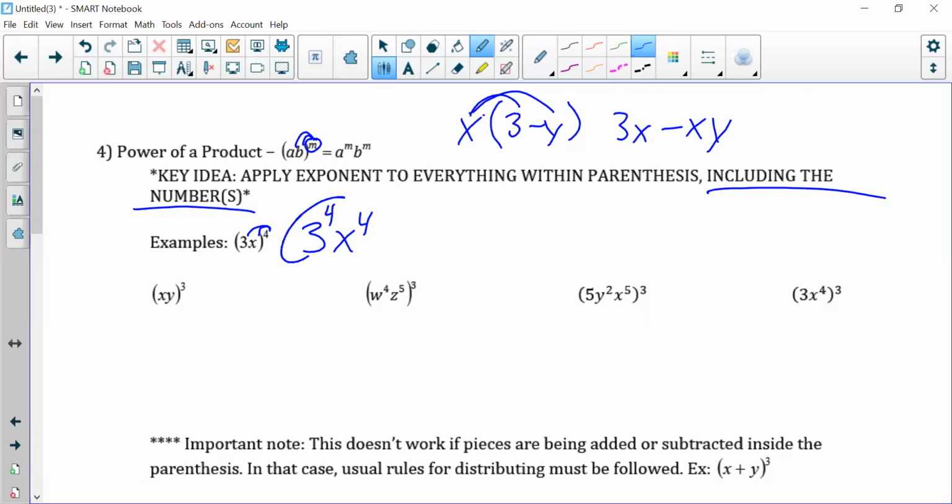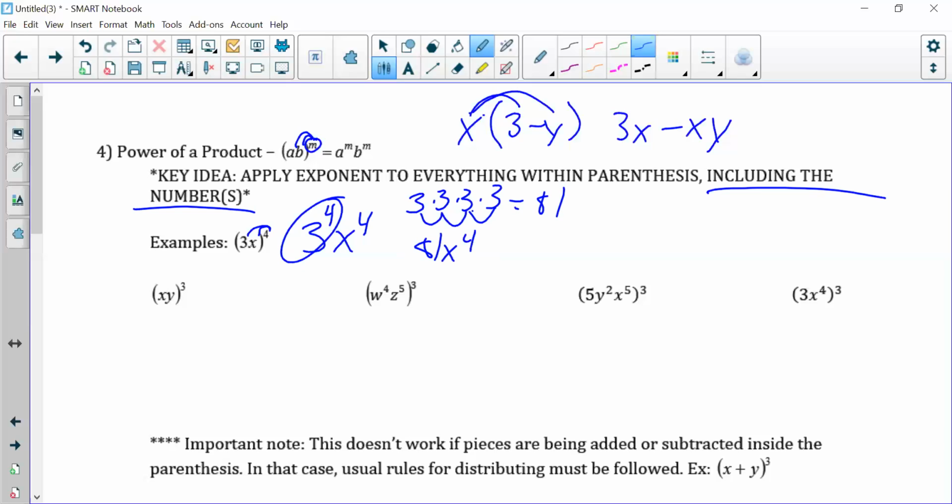And then we can actually evaluate what 3 to the 4th power is. So 3 times 3 times 3 times 3. 3 times 3 is 9, times 3 is 27, and 27 times 3 is 81. So my answer here is actually 81x to the 4th.